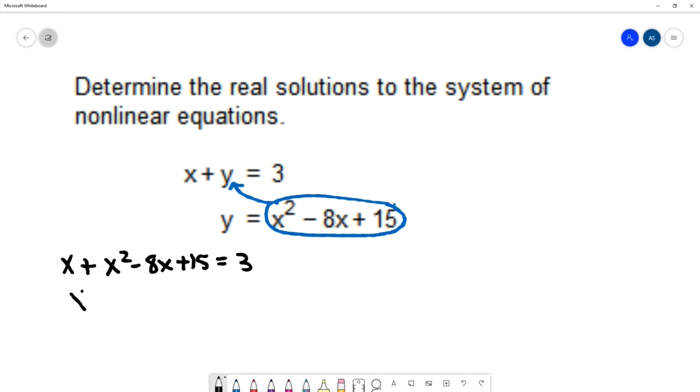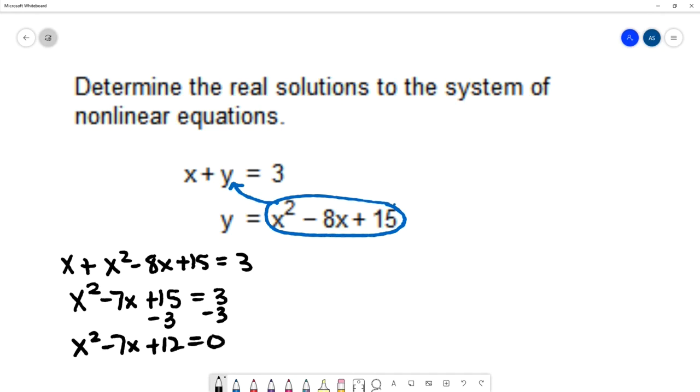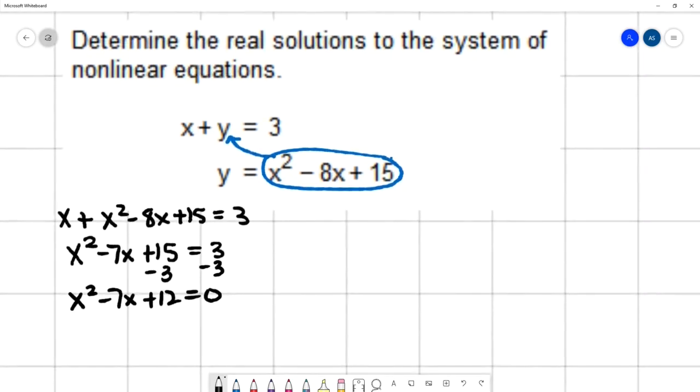Let's combine like terms, and we have x squared. X minus 8x is negative 7x plus 15 equals 3. I'm going to subtract 3 on both sides to get x squared minus 7x plus 12 equals 0.